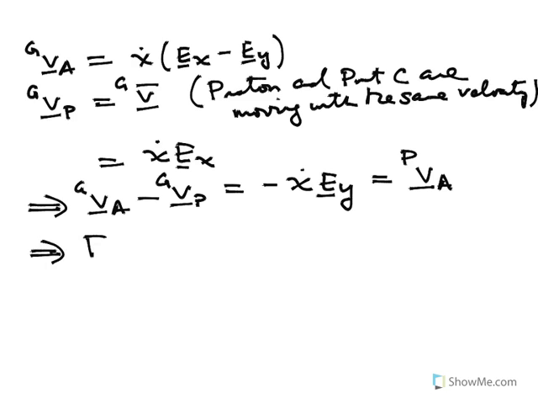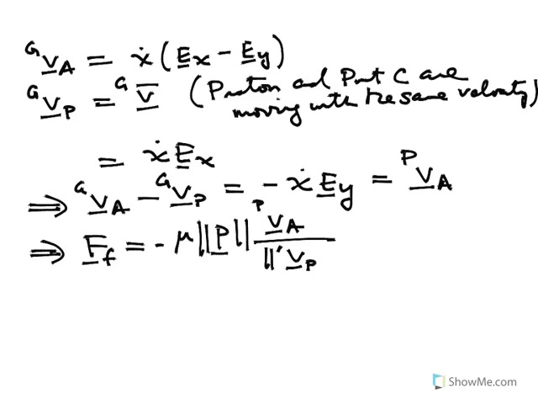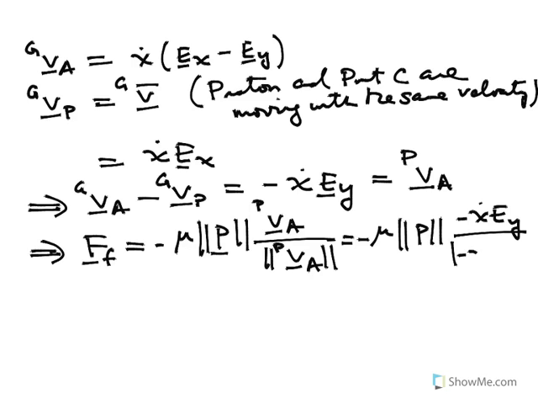So that tells me that the friction force is minus mu times the magnitude of P times the velocity of A as viewed by an observer fixed to the piston divided by its magnitude, which is equal to minus mu times the magnitude of P times minus x dot EY, all divided by the magnitude of minus x dot EY.